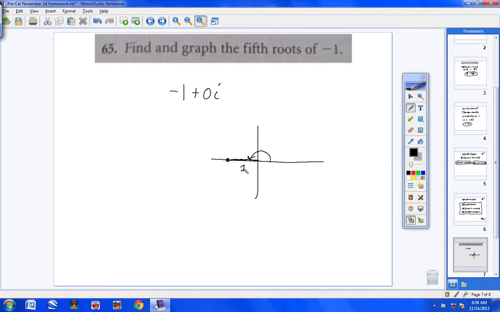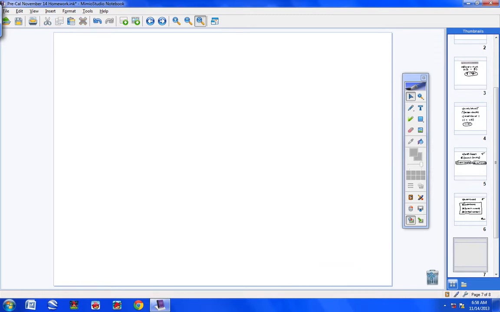So a hypotenuse, or a length of 1, and we rotate 180 degrees. So there we go. So the trig form would be 1 cosine 180 degrees plus i sine 180 degrees.